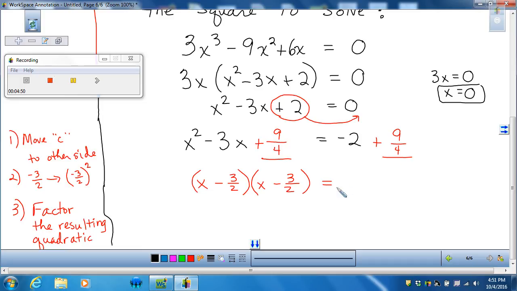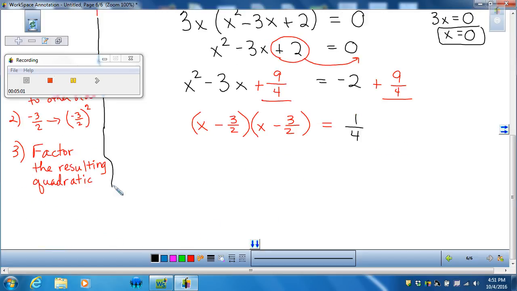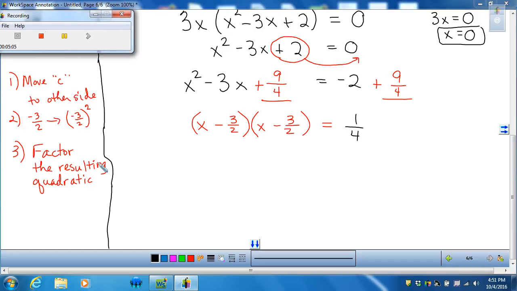Well, 9/4 is 2 1/4, and when you add negative 2 to that, you get 1/4. Okay. So, we have completed the first 3 steps. My next step is to rewrite it as a square.